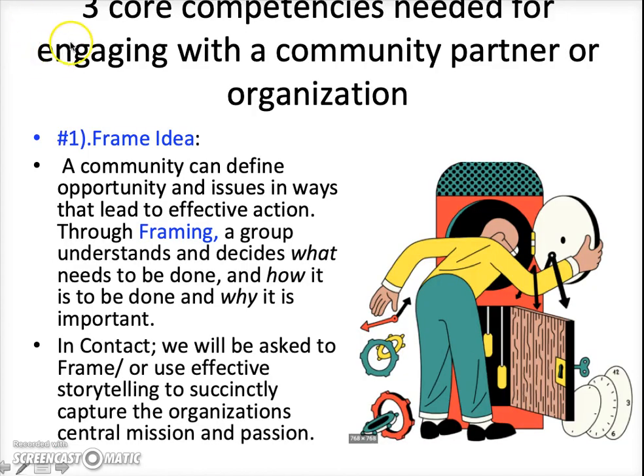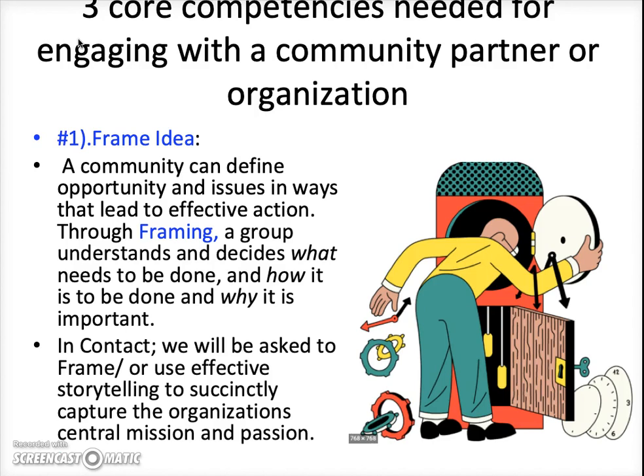There's 3 core competencies needed for engaging with a community partner or organization. Number 1 is framing the idea, framing the story. A community can define opportunity and issues in ways that lead to effective action. Through framing, a group understands and decides what needs to be done and how it's to be done and why it's important. That's really important.